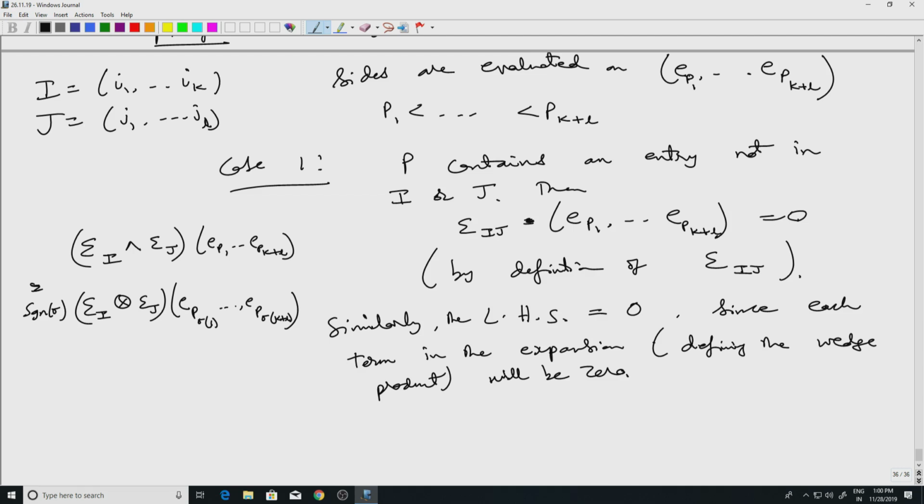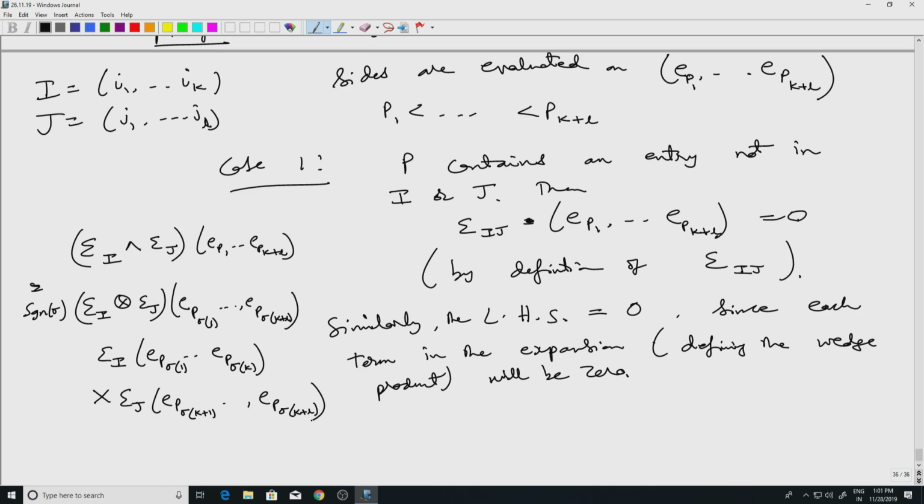So the expansion will have terms of this form, and the tensor product by definition, this will be epsilon I acting on e_{p_σ(1)} all the way up to e_{p_σ(k)}, multiplied by epsilon J on e_{p_σ(k+1)} to e_{p_σ(k+l)}.